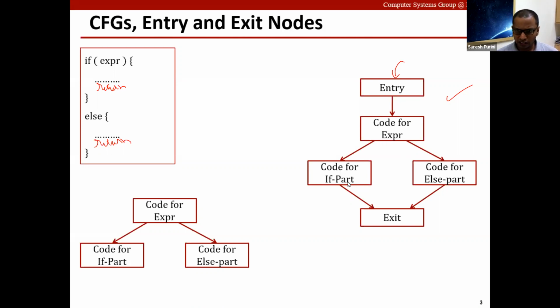And what we do is we merge the return points at the end of these two basic blocks by adding a new basic block called exit, and we can put a goto statement at the end of these two basic blocks. So this is how we can take an arbitrary control flow graph and transform it into a control flow graph with a single entry node, with a single exit node, and the entry and exit nodes are empty, without any instructions in them.